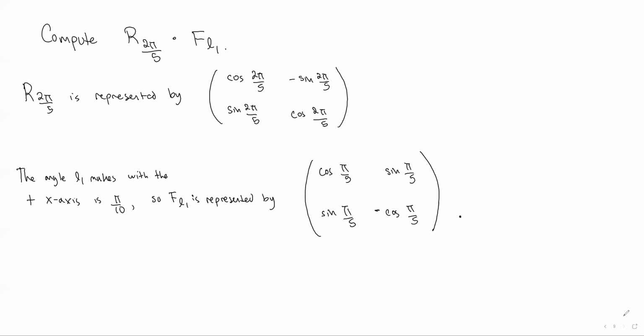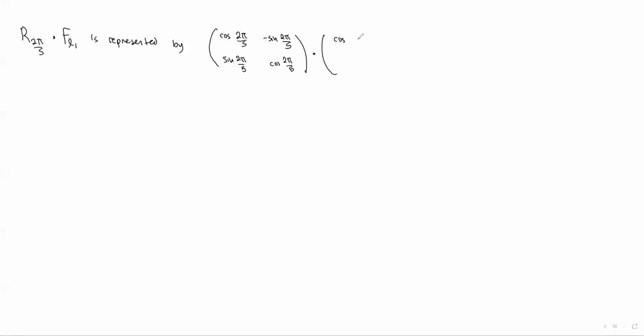And then the product is just represented by the product of these matrices. So r 2 pi over 5 times f of L1 is represented by cosine 2 pi over 5, sine 2 pi over 5, negative sine 2 pi over 5, cosine 2 pi over 5, times the matrix for the reflection.